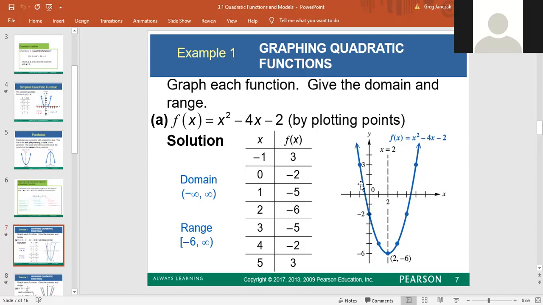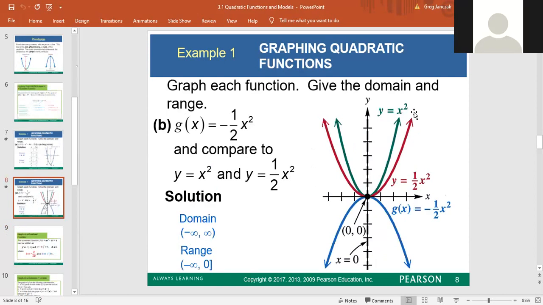The domain is going to be all real numbers from negative infinity to infinity, because it's going to move forever to the right, forever to the left. The range, however, is the k component, or the y part of the vertex. So notice the range is the same number as the k part of the vertex, the y coordinate. And so this would be -6, and it keeps going up to infinity.